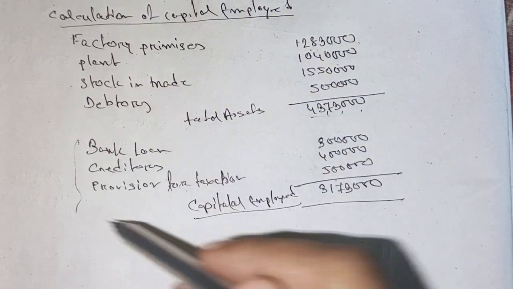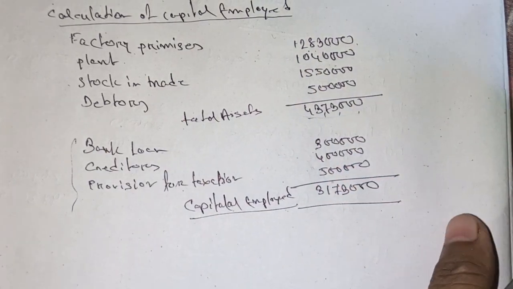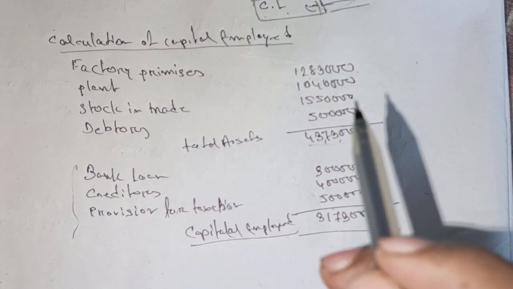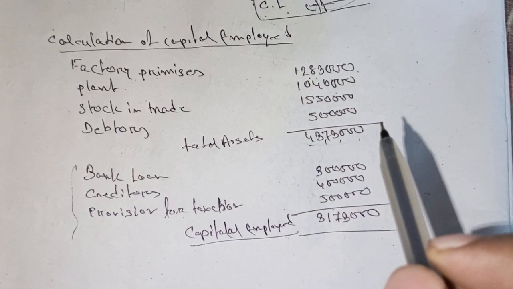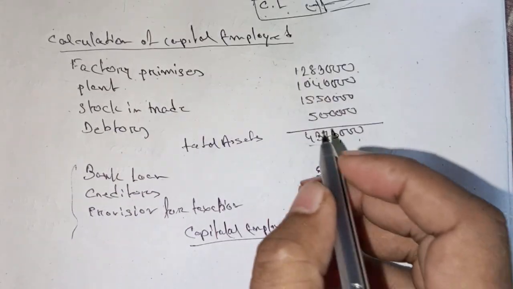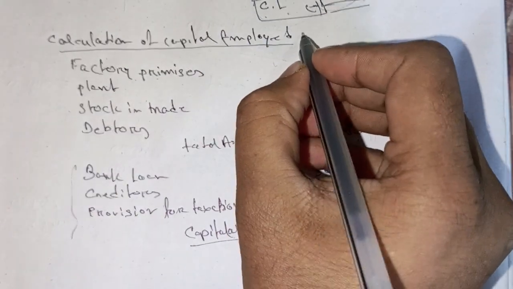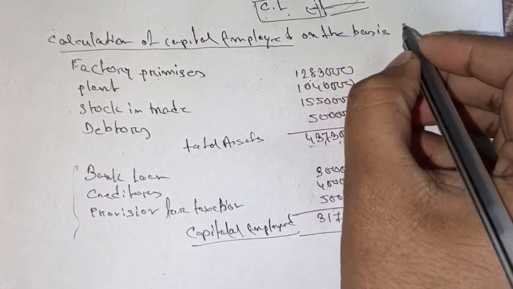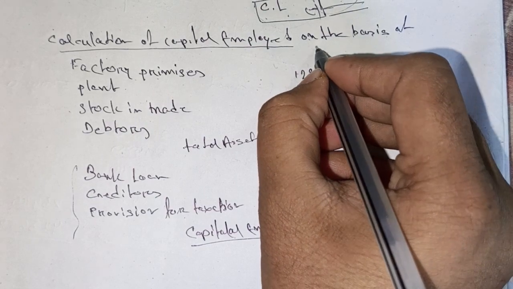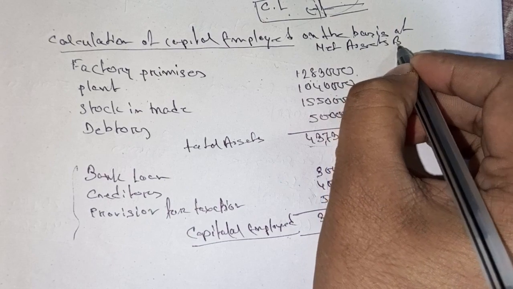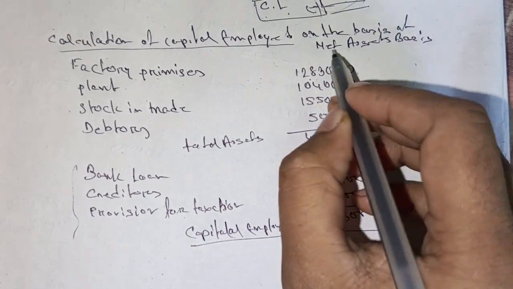So this approach we call net asset basis. So you should write here calculation of capital employed on the basis of net assets basis.